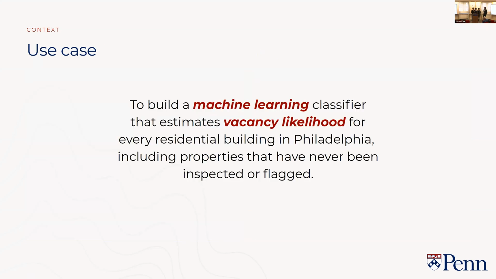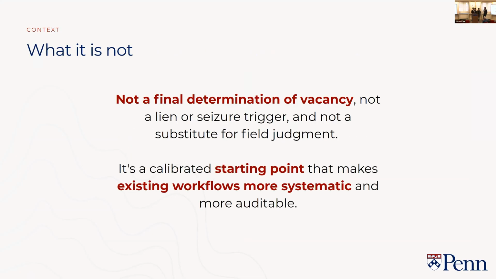Our project is to build a machine learning classifier that estimates vacancy likelihood for every residential building in Philadelphia. It includes properties that have never been inspected or flagged. What our project is not: it's not a final determination of vacancy, not a lien or seizure trigger, and not a substitute for field judgment.